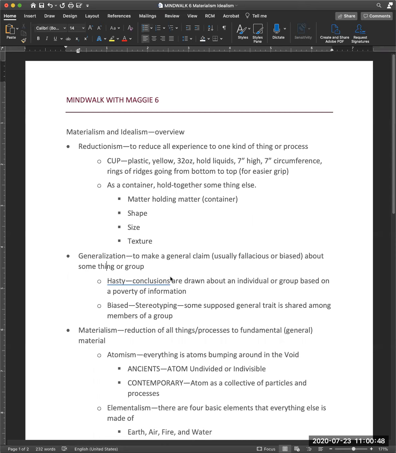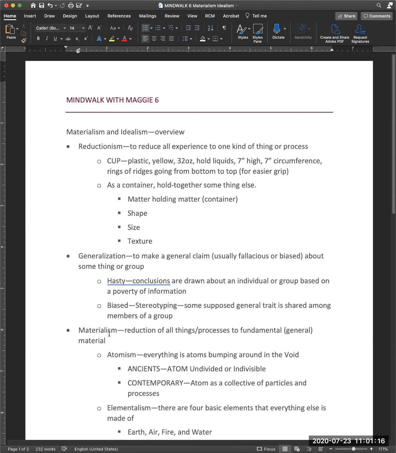You see from this, from the very idea of what we did when we were reducing the cup to its vectors or its structures that are necessary for a cup to be, if you will, a container, okay? And that gave us actually productive generalizations that we could use to talk about, in a sense, all material containers, okay?